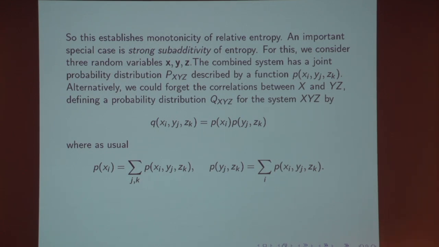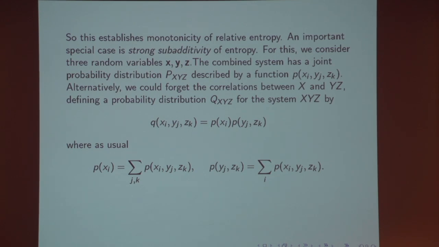So you could define a partially factorized probability distribution that's a function of x times a function of y, z, where each of the reduced distributions is gotten by integrating over unobserved variables. So the probability for x only is gotten by summing over y and z, and the probability for y and z is gotten by summing over x.